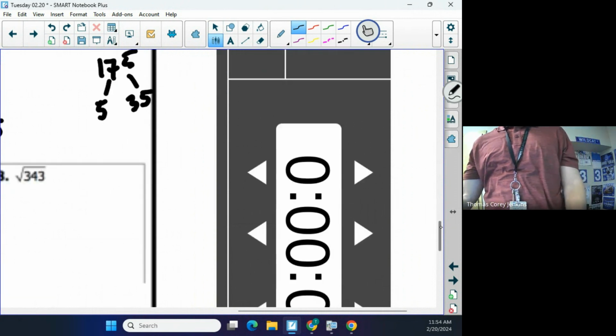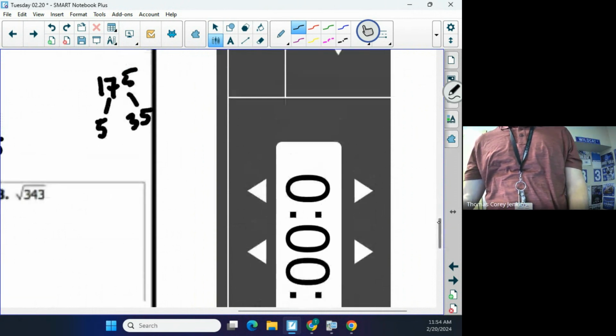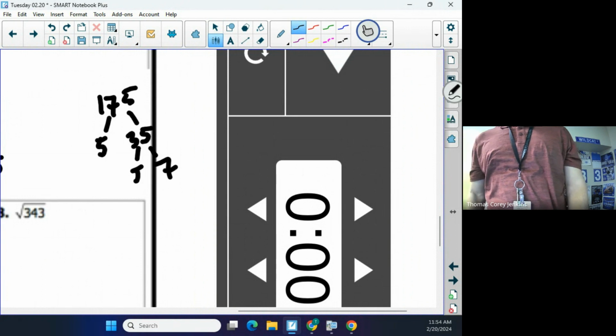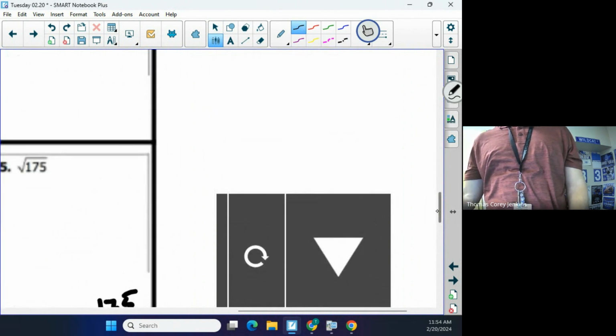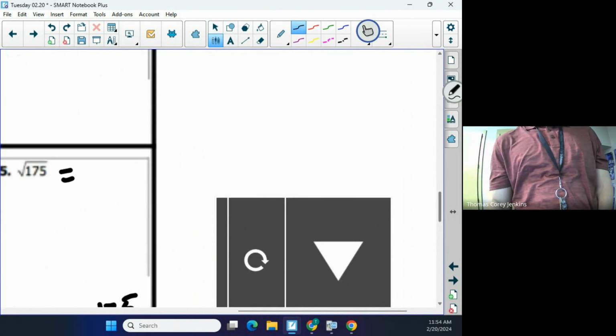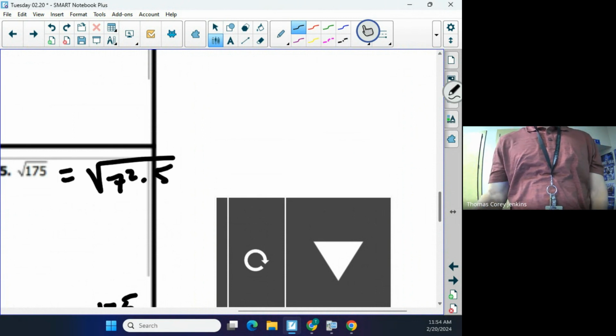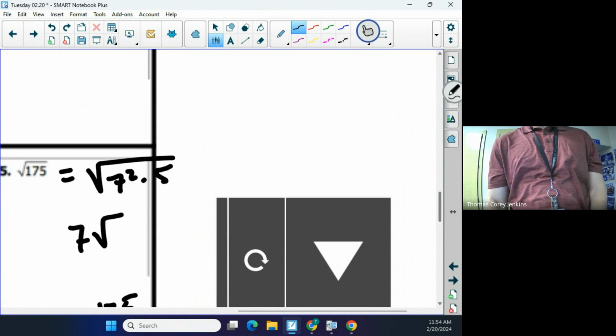Okay, 35 is not prime because 5 goes into it, and it'd be 5 times 7. So altogether, 175 is 5 times 7 squared. So 7 squared times 5. 7 comes out, so 7 square roots of 5.